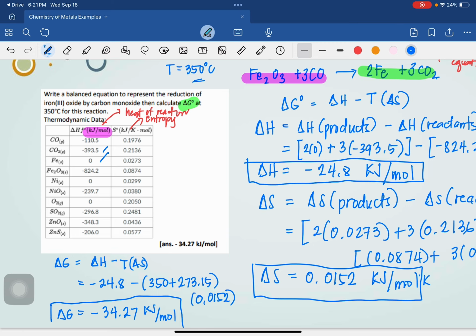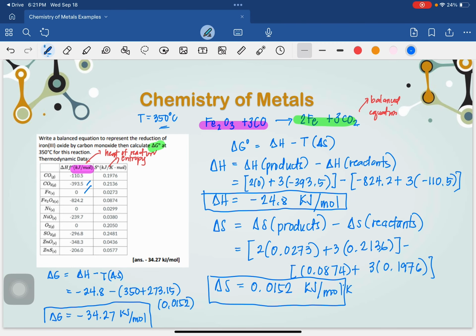So this will be our first problem. Hopefully, you can now solve on your own a problem when it comes to Gibbs free energy. Just a wrap up for this problem, we were asked to get the balanced equation of the reaction, and then we have to know the formula for Gibbs free energy, and then we get the unknowns.